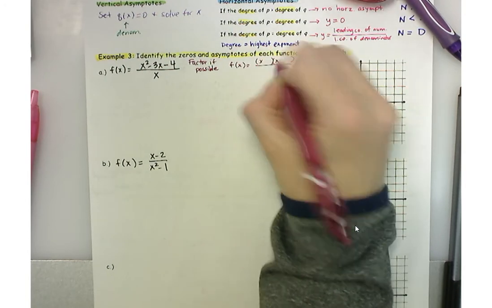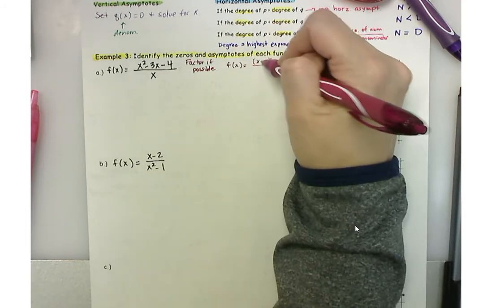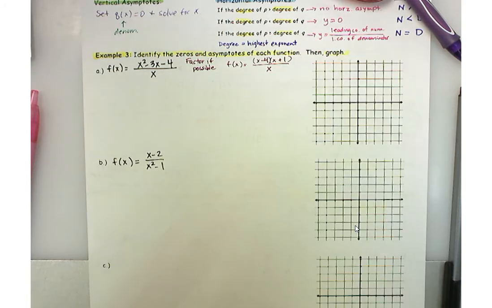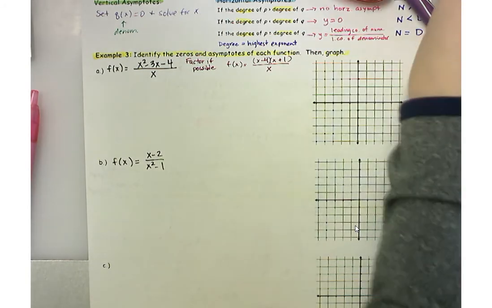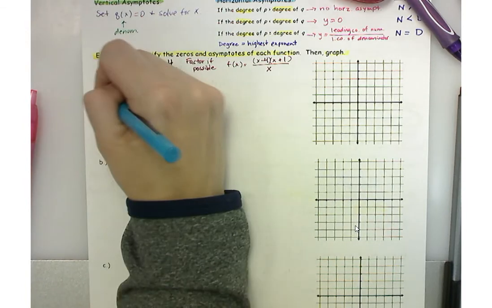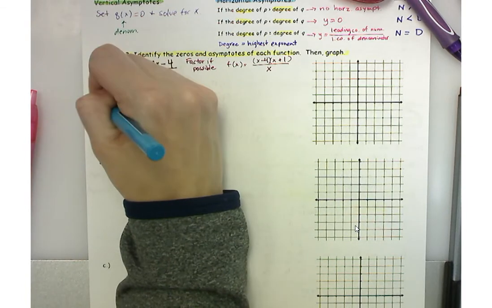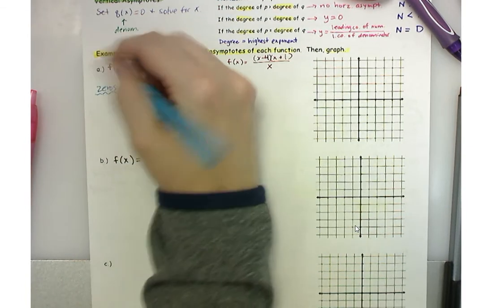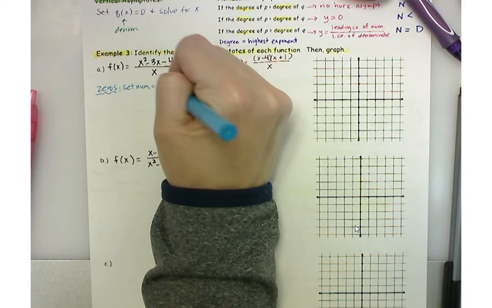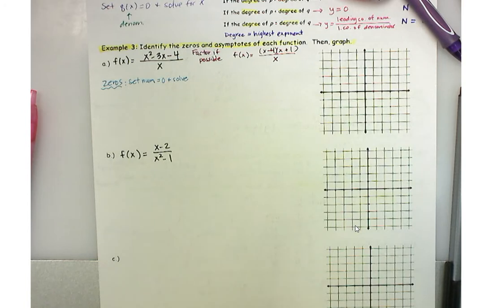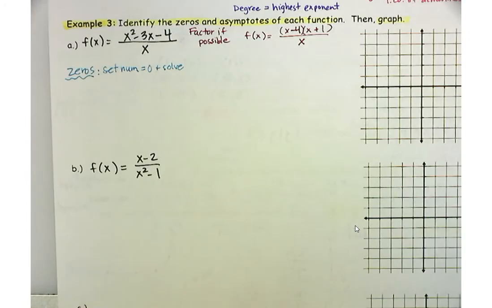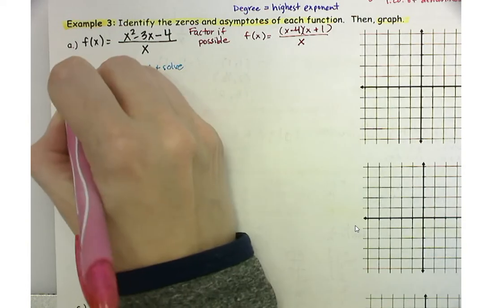When you're writing out your zeros, I'm going to have you write them as points so that they're not confused with your asymptotes. So I would have (4, 0) and (-1, 0). All right, and those are both points you can put on your graph right away. So 1, 2, 3, 4, and -1, 0, you can absolutely do that.